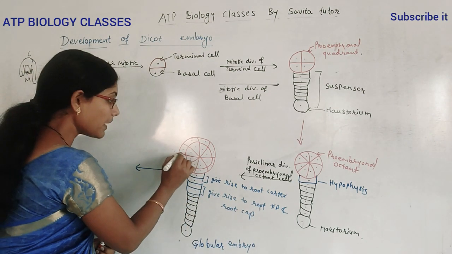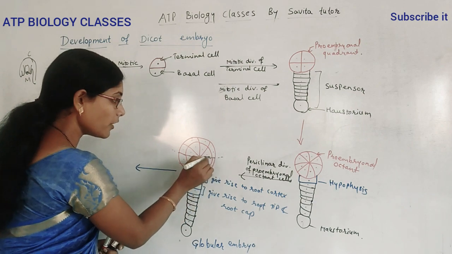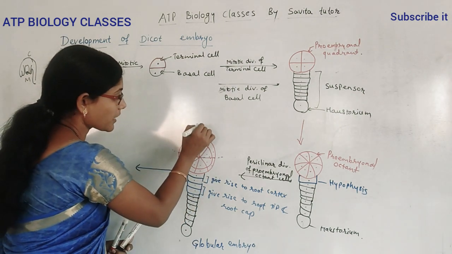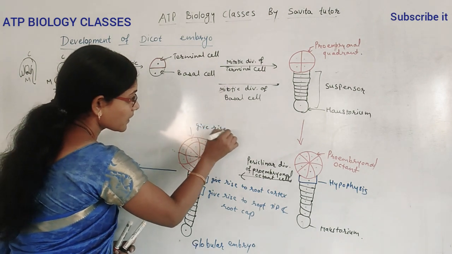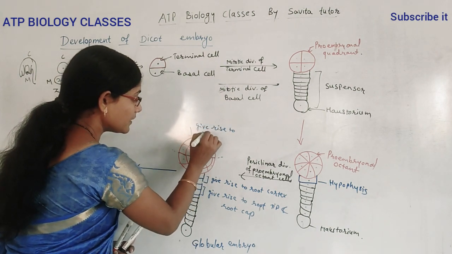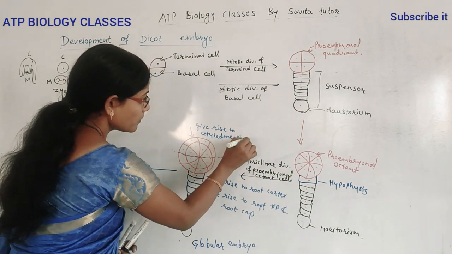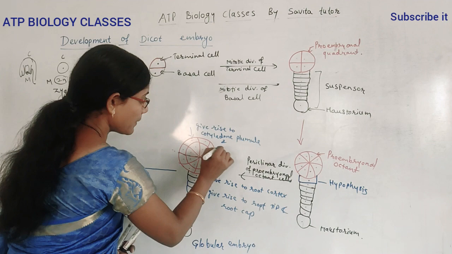And the upper half part of the globular embryo is going to give rise to cotyledon, plumule, and epicotyle.